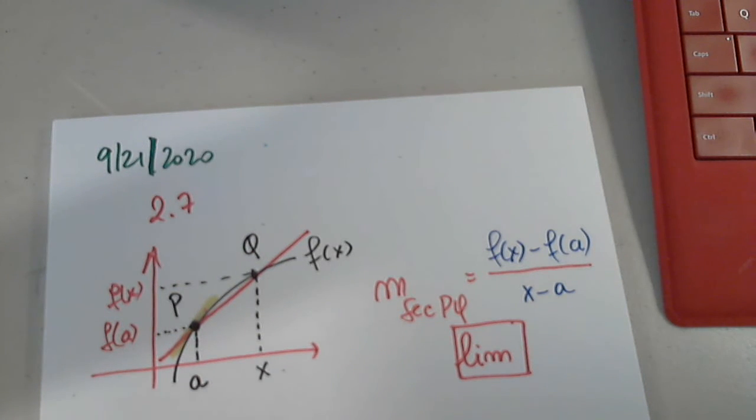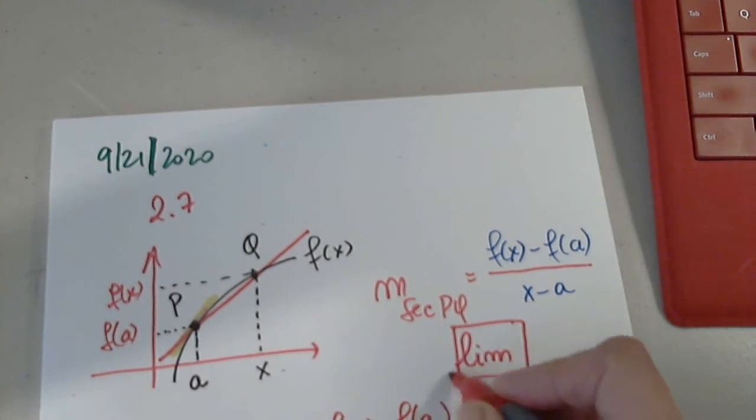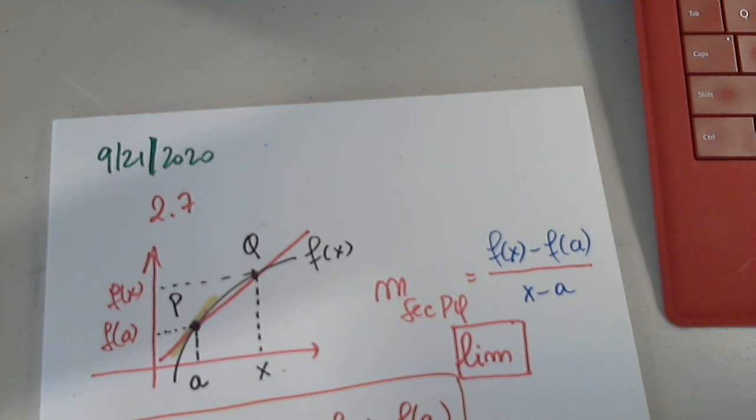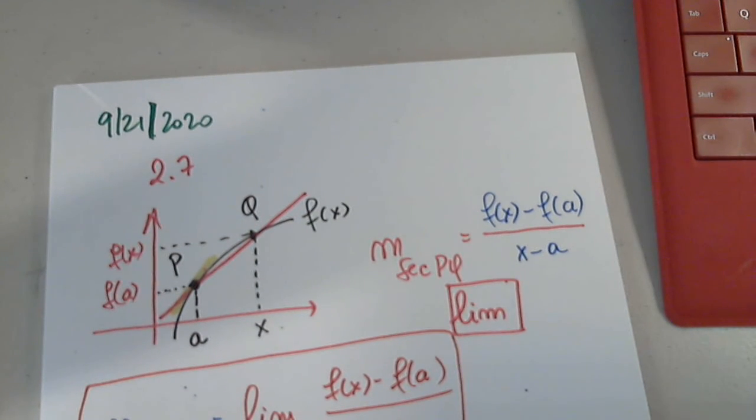What will you say? I'm sure you're going to say the limit as x approaches a from f of x minus f of a divided by x minus a. We are putting together 2 concepts, the concept of average rate of change and the concept of limit.